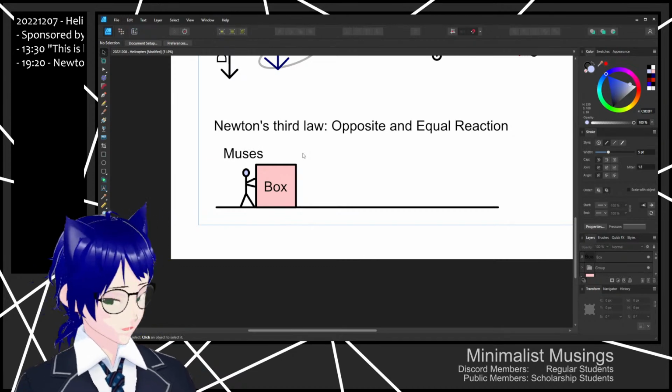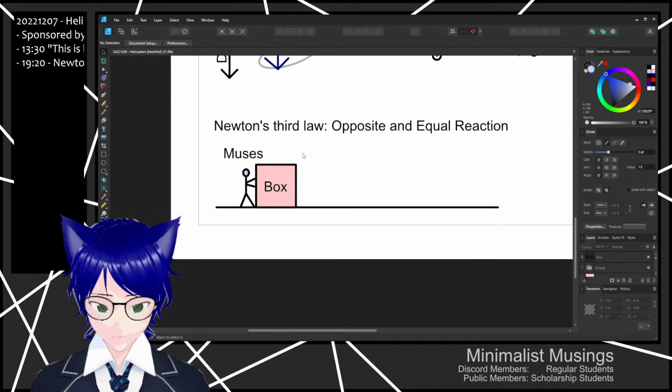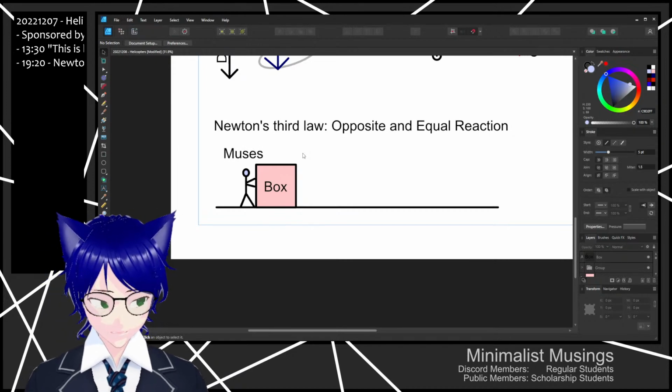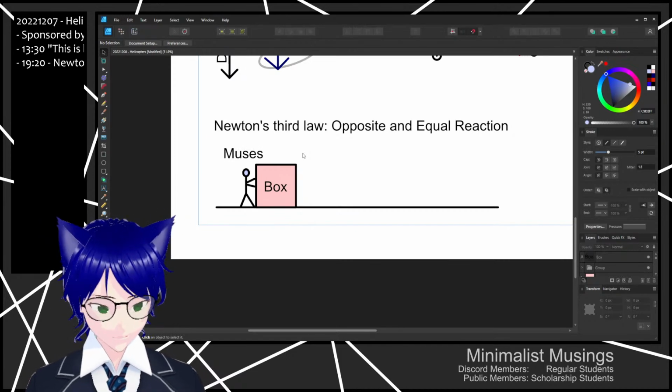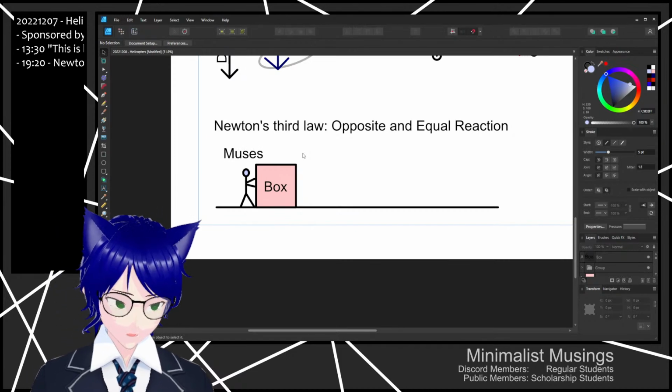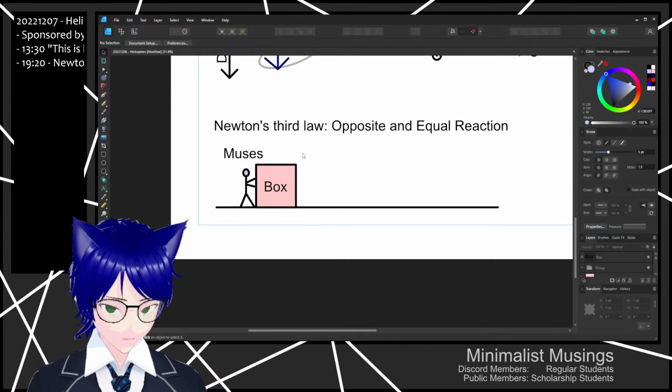Say I'm just standing there with my arms stretched out, and the box is sliding towards me, or I'm sliding towards the box, and when we finally make contact, the box and I stop, right?